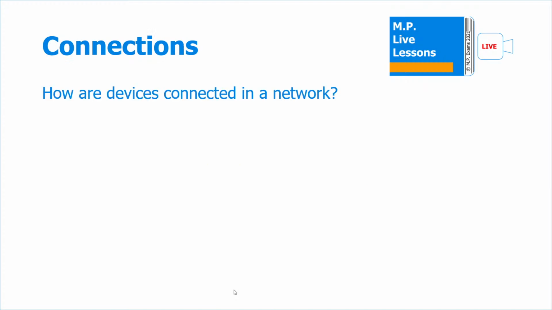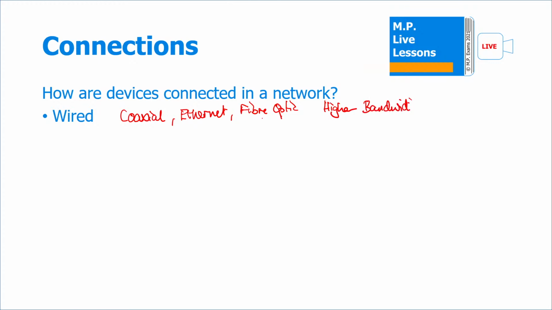Now, how can devices be connected in networks? Well, one way can be using wires. This can be using, let's say, coaxial, Ethernet, or fiber optic. Now, these can be used over some other methods like wireless ones because they tend to have a higher bandwidth. So that's how fast data will travel.